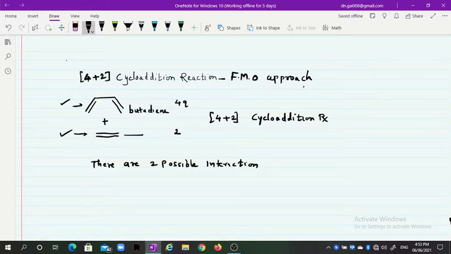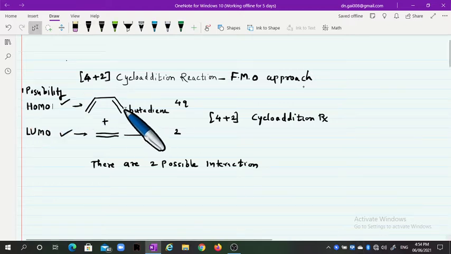First, we will consider HOMO of butadiene and LUMO of ethene or ethylene. This is the first possibility, HOMO of butadiene and LUMO of ethylene.